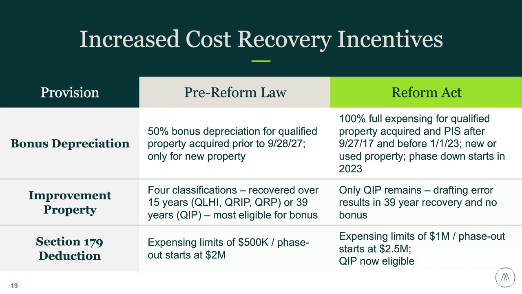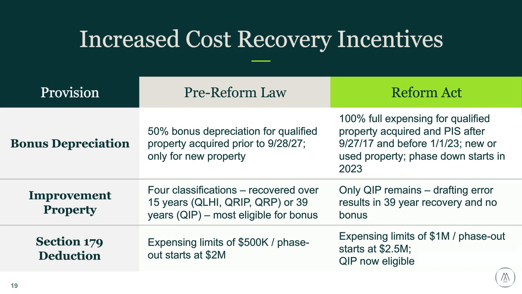In addition, the new rules also include both new and used goods as opposed to just new goods under the old rules. Another big one here is that the Section 179D deduction has been expanded by increasing the expensing limit from $500,000 to $1 million, and they also raised the phase out of that limit.